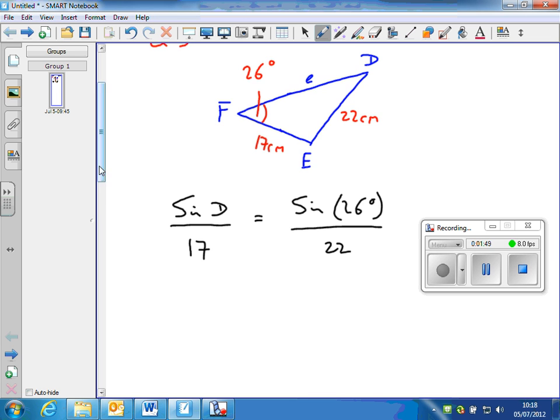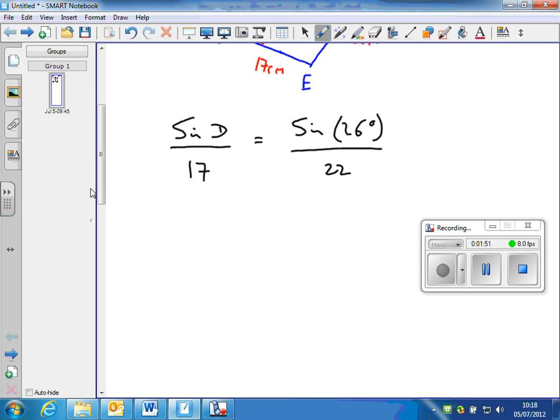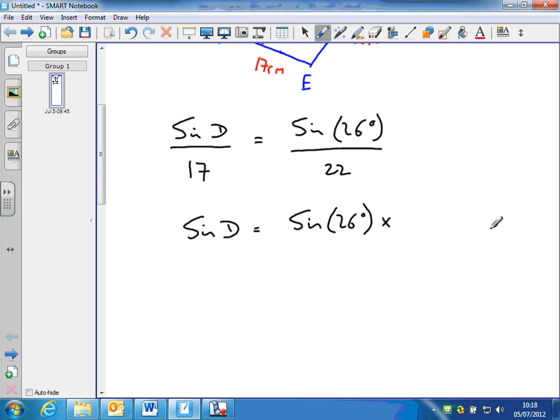So now I'm going to rearrange this little equation to find D. So multiplying both sides by 17, sine D equals sine 26 times 17 all over 22. I can think of it as a fraction like that. I can write it as sine 26 over 22 times 17, or sine 26 times 17 divided by 22. The same answer.